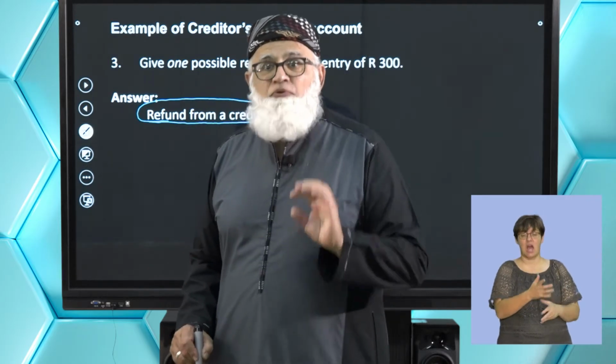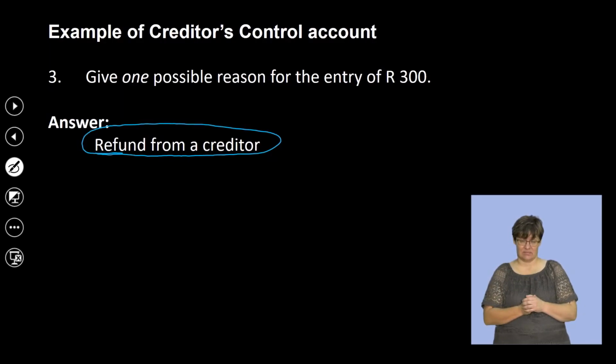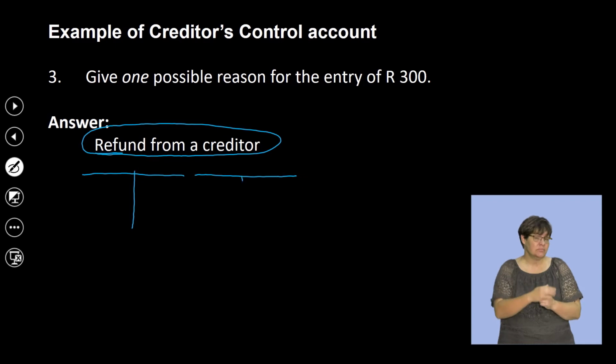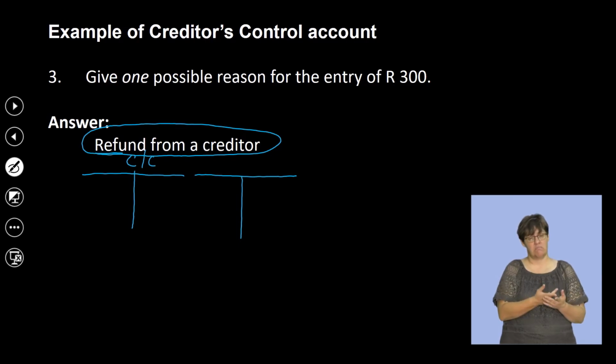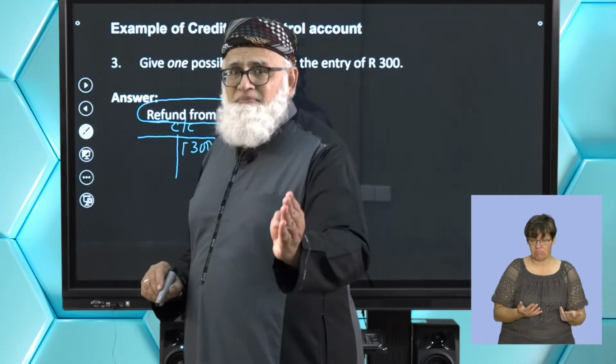Now, once again, I'm going to isolate this transaction for you, and I'm going to take you into an explanation and show you what's here. Here's my creditors control. I'm owing my creditor an amount of 1,300, right? Subsequently, this amount was paid.